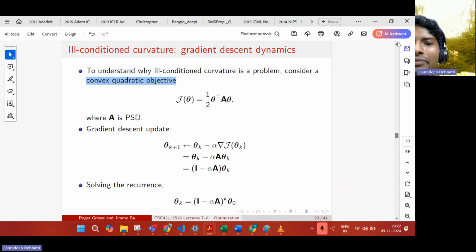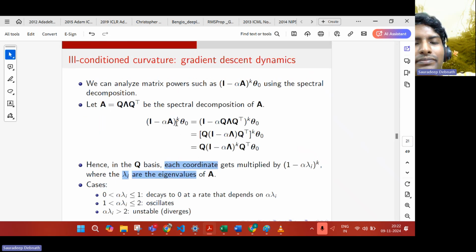A is the matrix that was defining the objective function. The objective function, in our case, is the loss function, and right now, for the sake of simplicity, we're assuming a quadratic loss function. So it's a symmetric matrix, and we do a spectral decomposition.